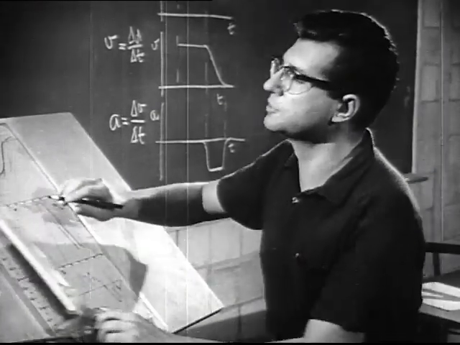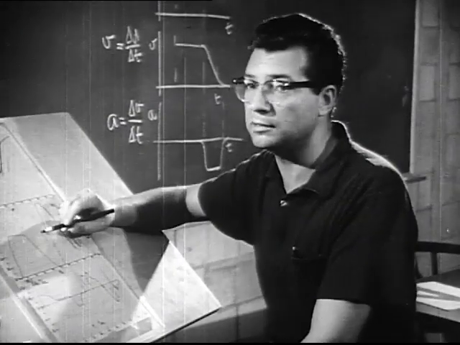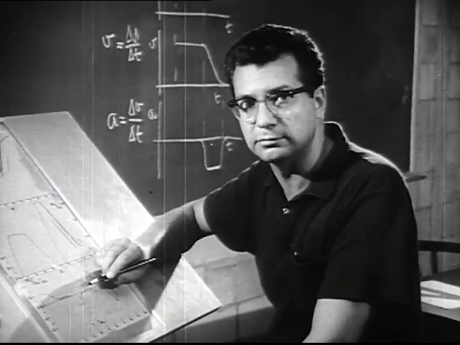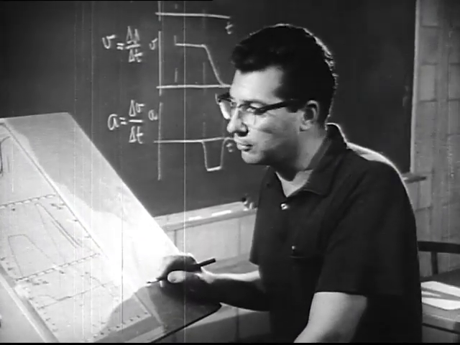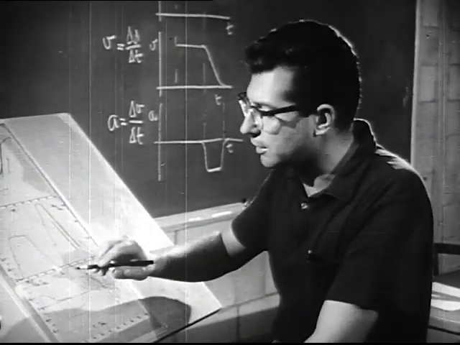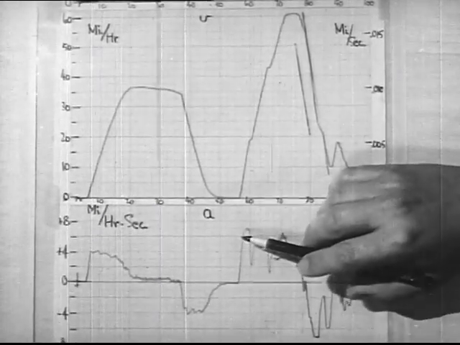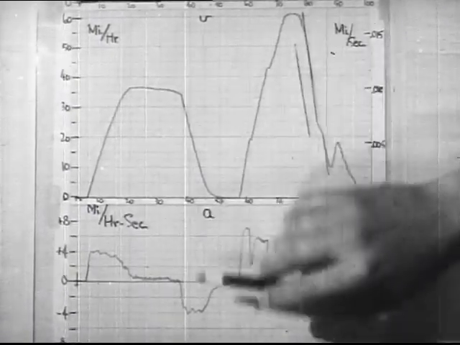Now we know how to go down the page, taking the slope of the distance curve to give speed, and the slope of the speed curve to give acceleration. But now suppose we want to go up the page. Suppose all we had was the acceleration curve. There should be something about this curve that tells me something about the speed.